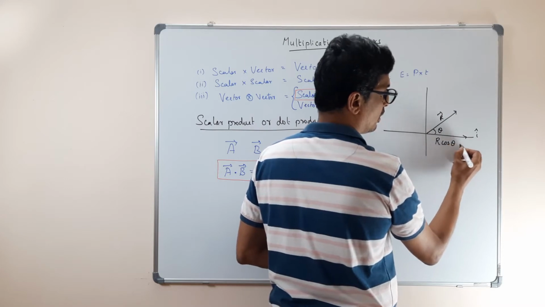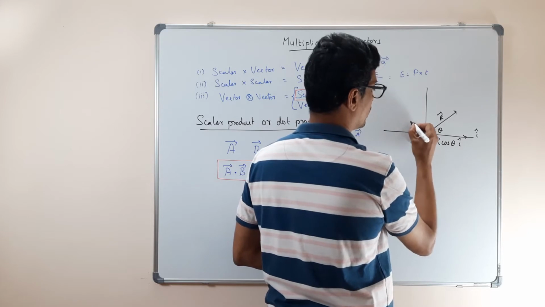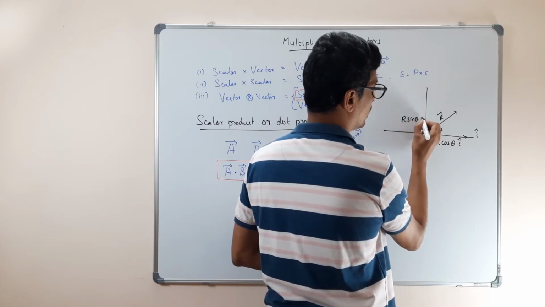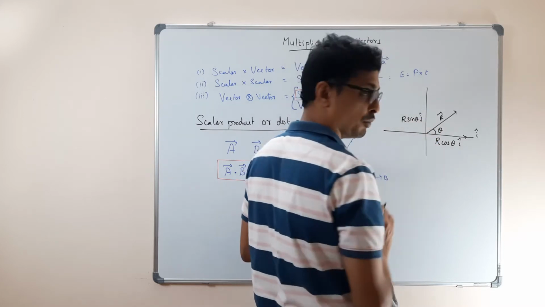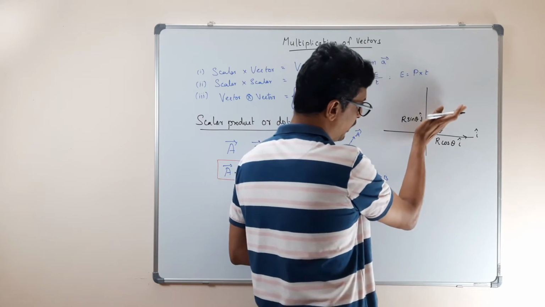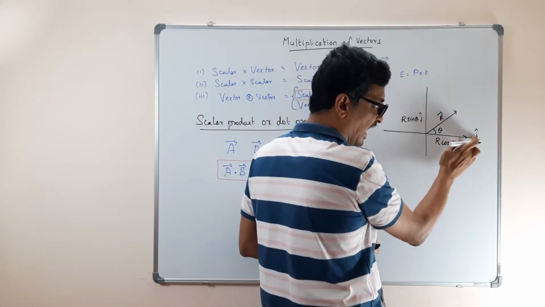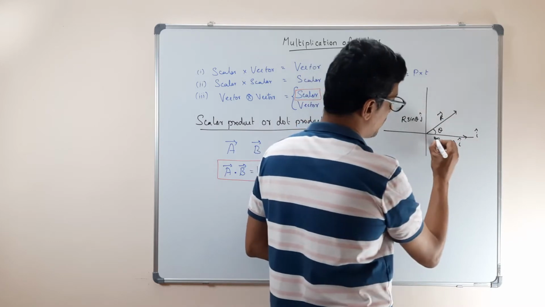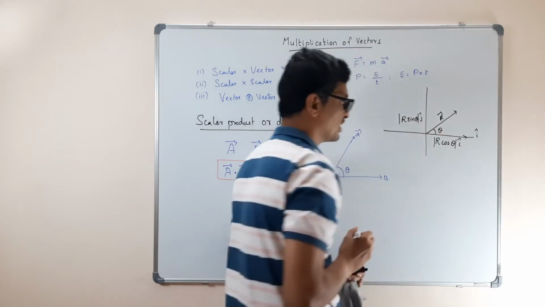R sin theta, along J cap. So this is the component. Take any vector: the component along another vector, here I cap, will be R cos theta. So its magnitude is R cos theta, and this magnitude is R sin theta.